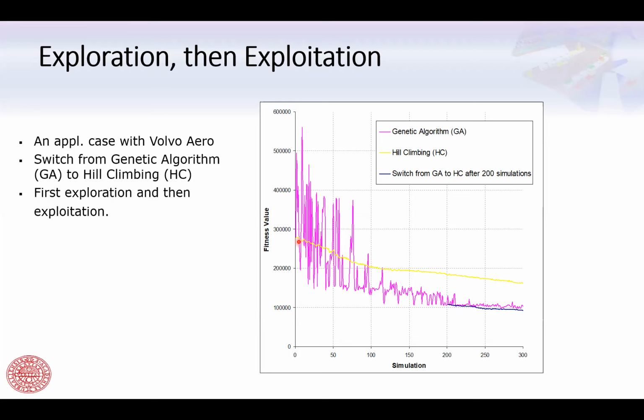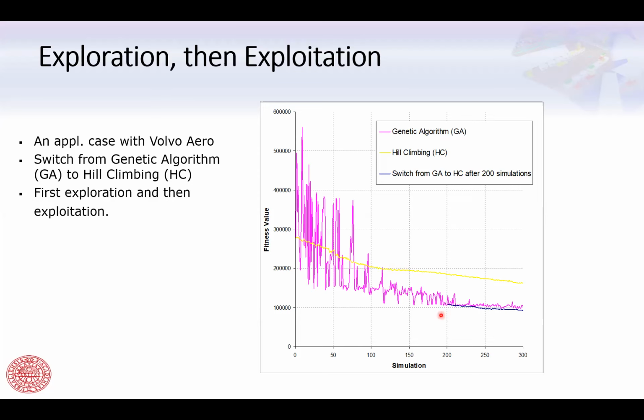Now compare with the yellow line here, where we start with hill climbing. Of course, hill climbing is also steady; if you look at the mean value, it's not so fluctuating. That means you keep on successfully reducing the value. If the value is not reducing, then of course you will not move, because you replace the current solution only with a better solution with a lower fitness or objective function value.